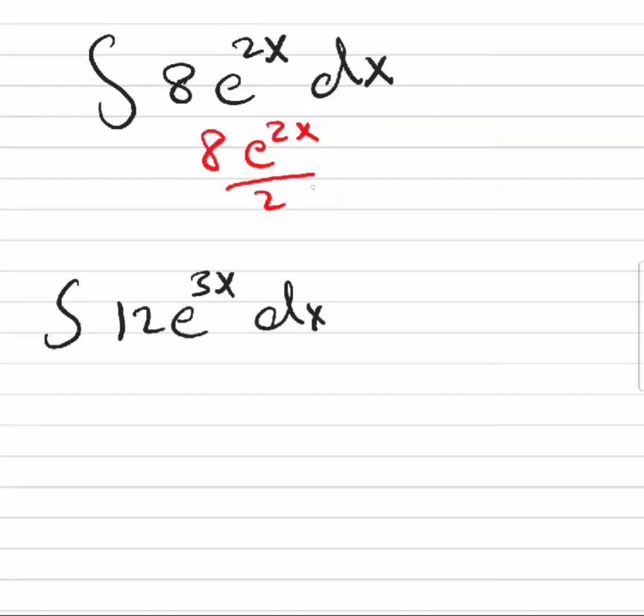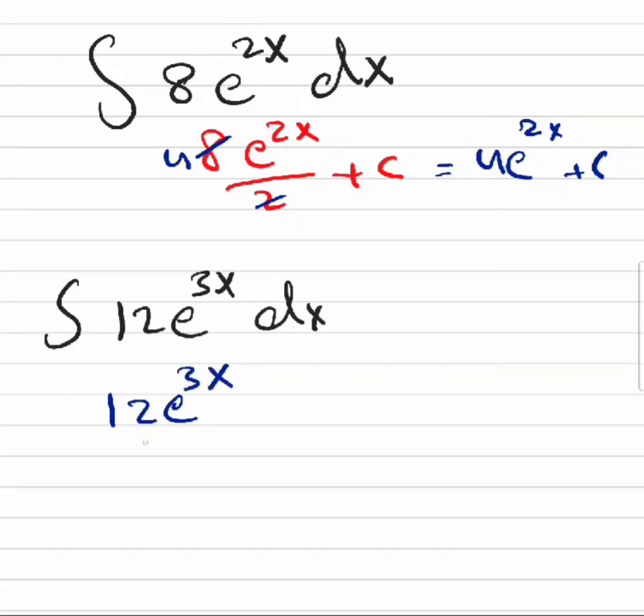And that reduces to 4e to the 2x plus c. For the last one, this is going to be 12e to the 3x divided by 3 plus c. And that reduces to 4e to the 3x plus c.